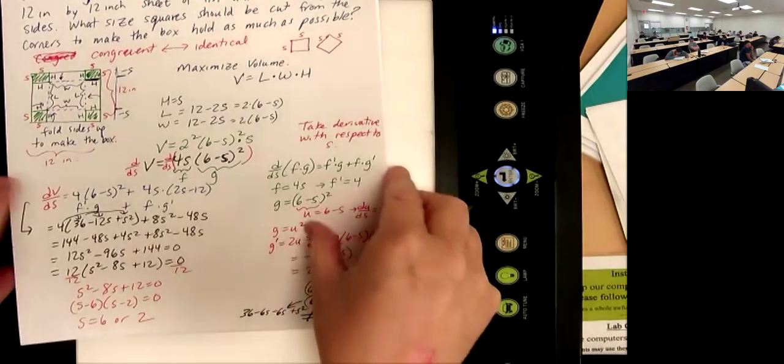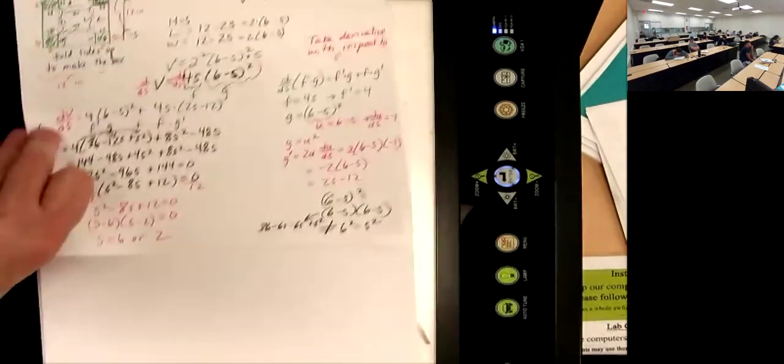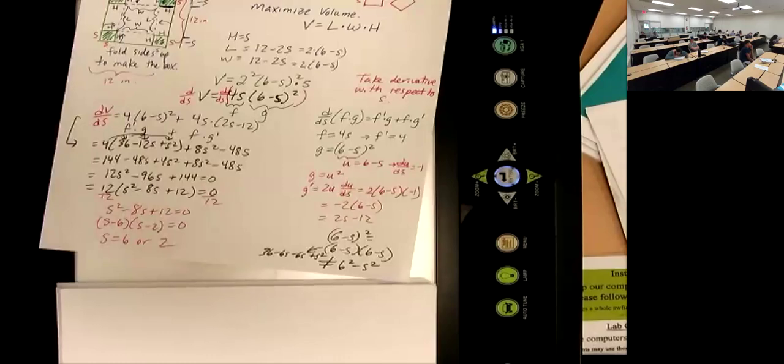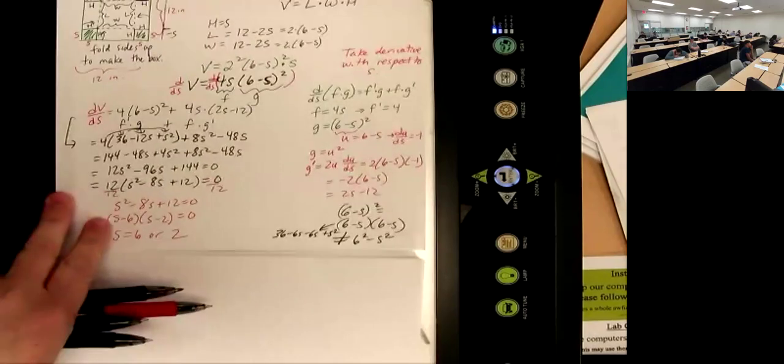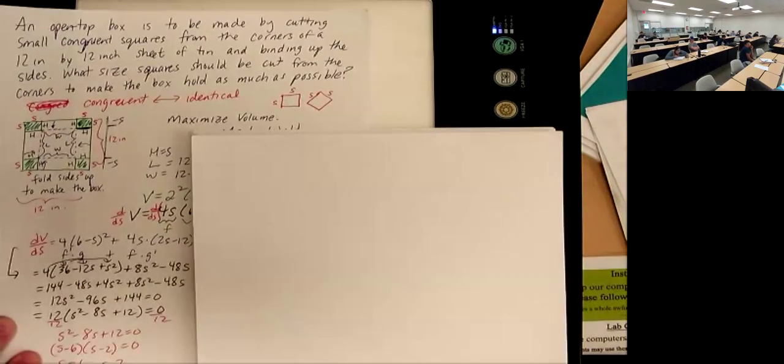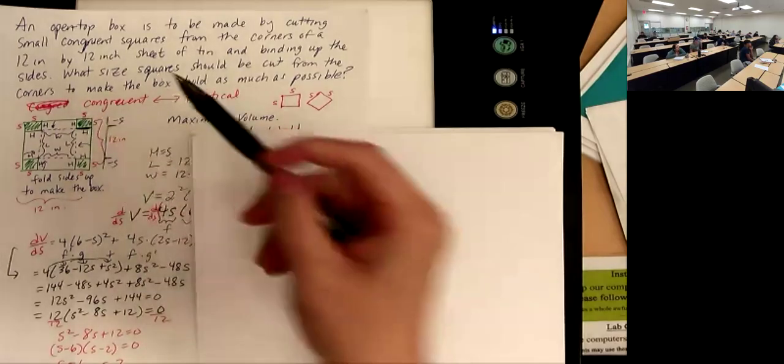Okay, so we still have to figure out which one's which, and we need to check endpoints. What are the maximum and minimum values I can have for s here? S could be as small as 0.